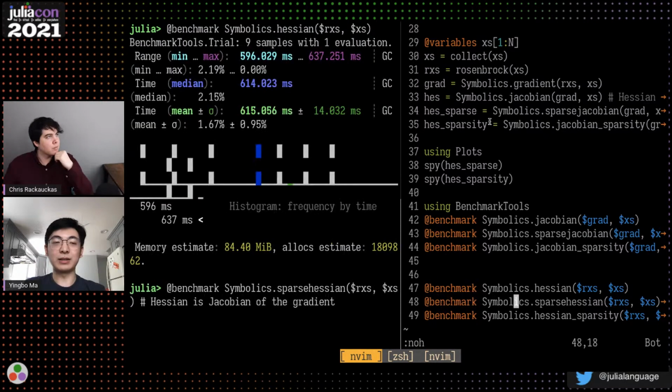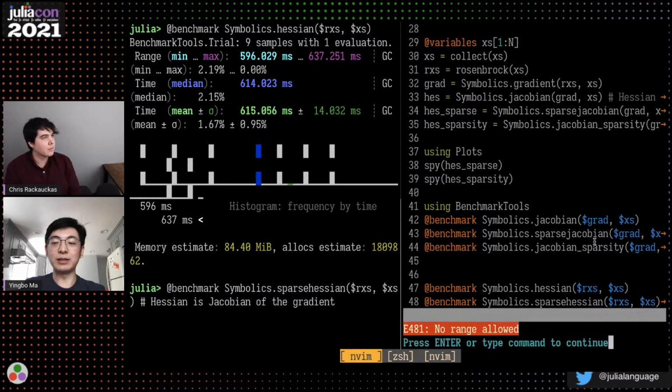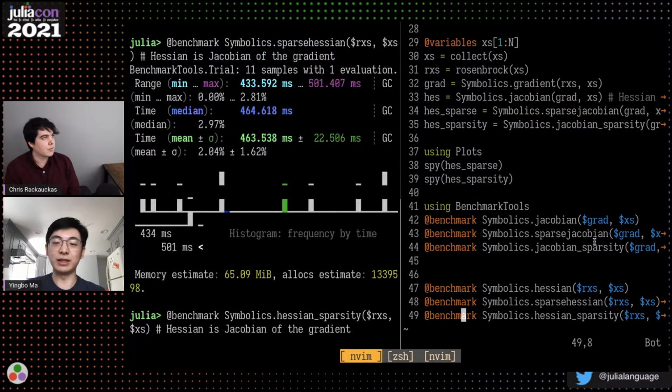And then sparse Hessian is also going to be a bit slower than the sparse Jacobian because it has to check some linearity conditions to detect the non-zero Hessian entries. And then finally, Hessian sparsity is also like Jacobian sparsity, where it only returns a sparse matrix with only zeros and ones to denote the sparsity pattern of the Hessian matrix.